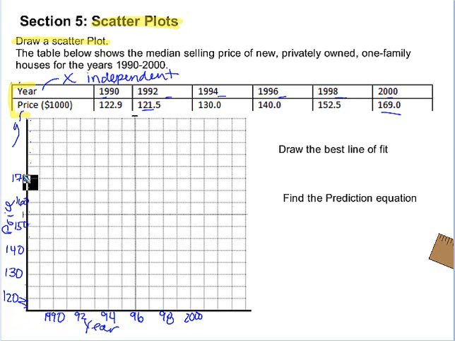So now we should be able to plot these points on here. So in 1990, we have 122.9, and we're just going to have to do our best job of approximating where that is. So be right about there.